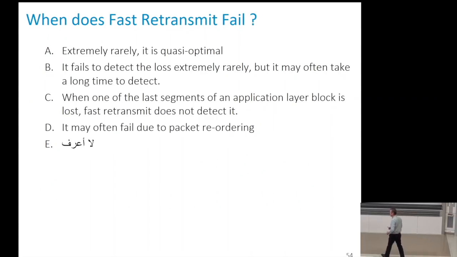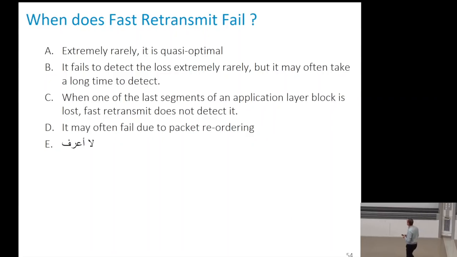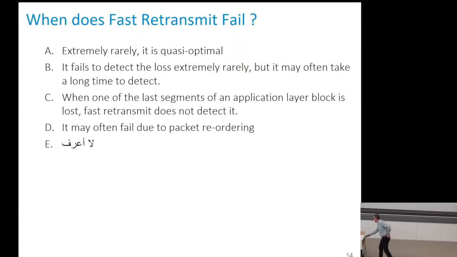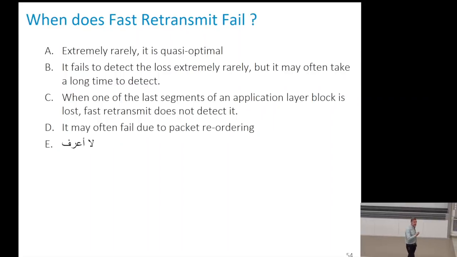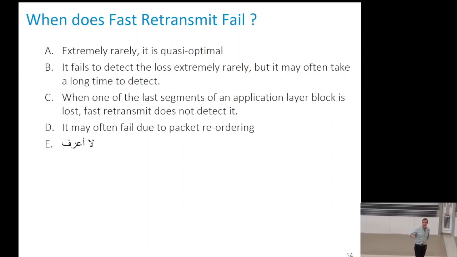When does fast retransmit fail? And the majority says C, which is probably true. In particular, one thing that fast retransmit will not be able to detect is the last packet. If you send a burst of data and the last packet is lost, then of course there will be no duplicate acknowledgement after that.